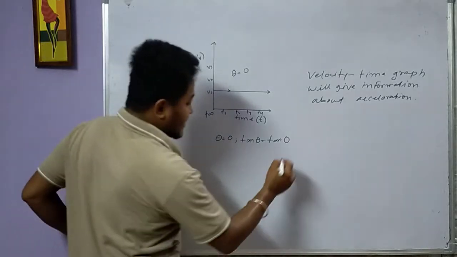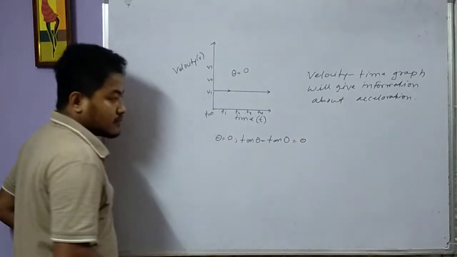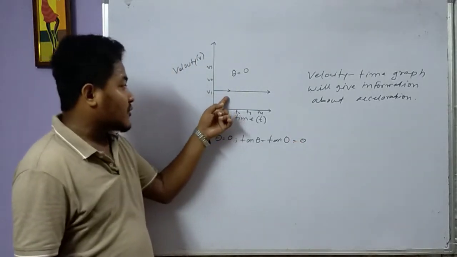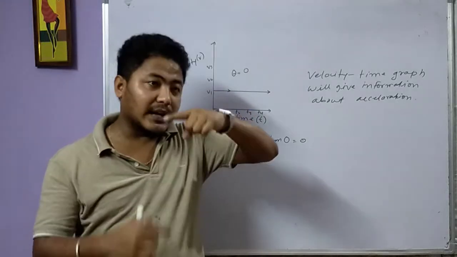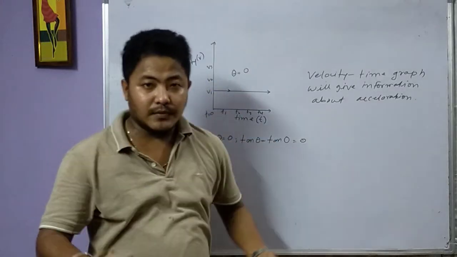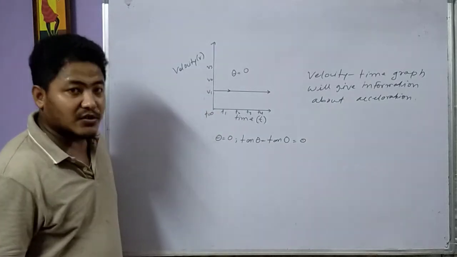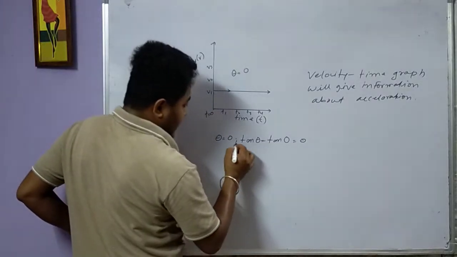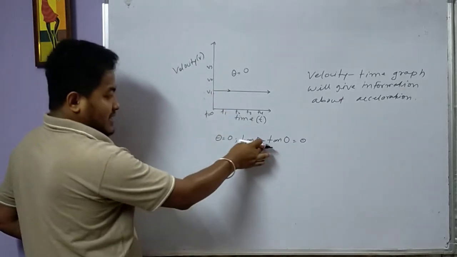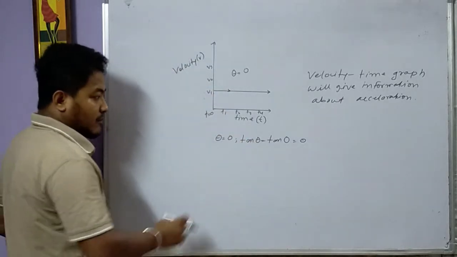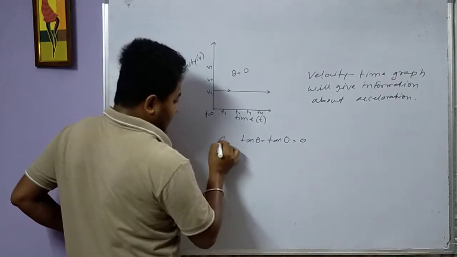Am I clear? And tan 0 itself is equal to 0, because once I draw a tangent in this case, the angle between the tangent and the line is 0. So tan theta gives us 0. If tan theta is 0, what does tan theta mean to us? Tan theta means acceleration.